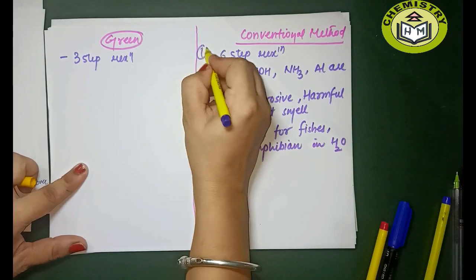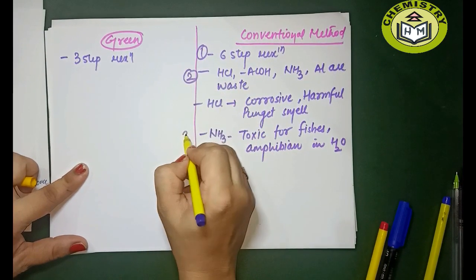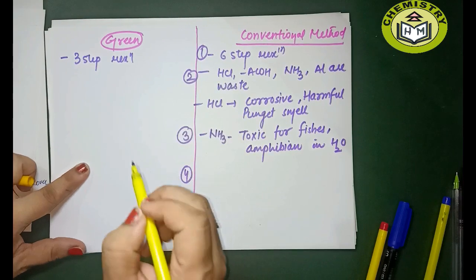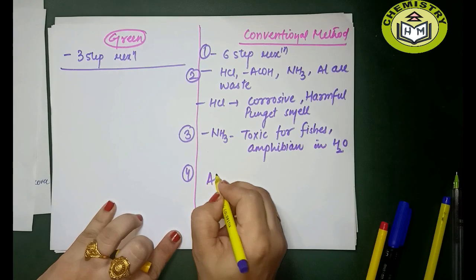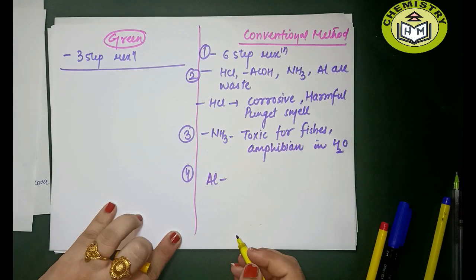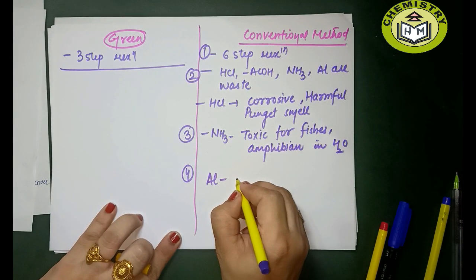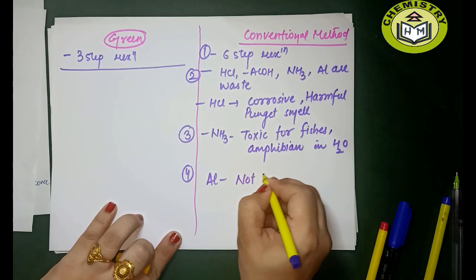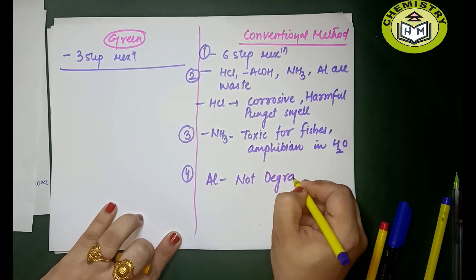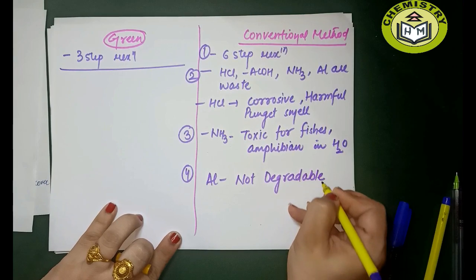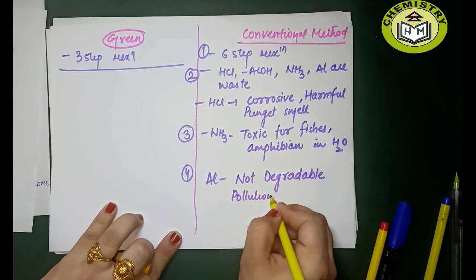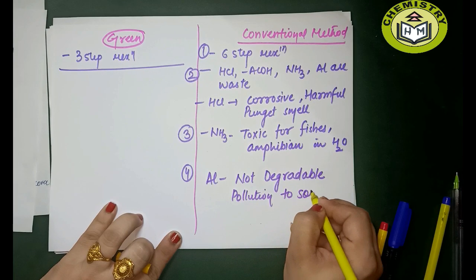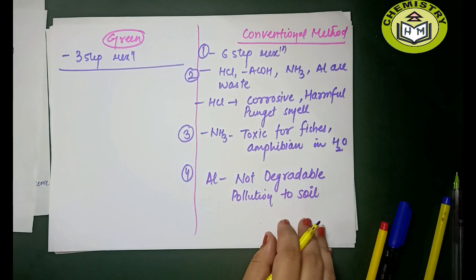Clear? First point, second point, third point, fourth point. Now aluminium, which is released in the conventional method, is not degradable. It is not degradable and causes pollution to the soil.